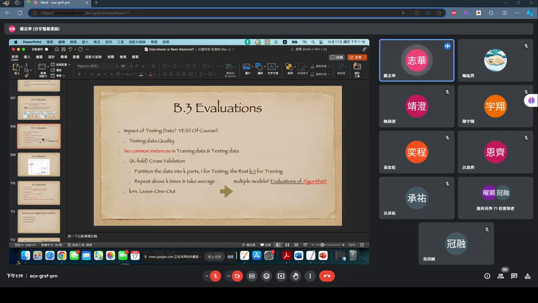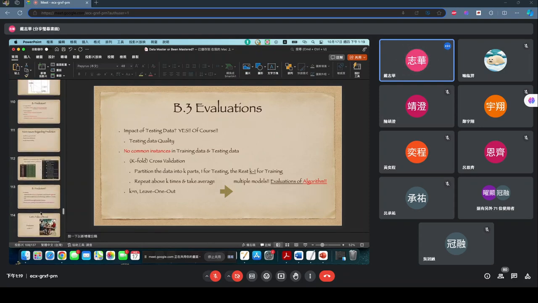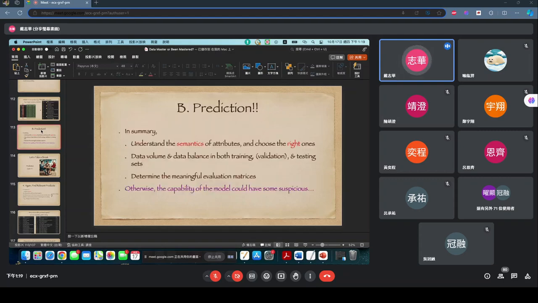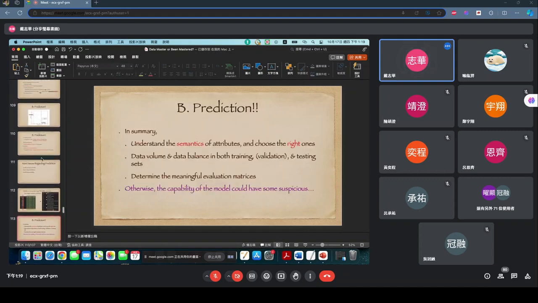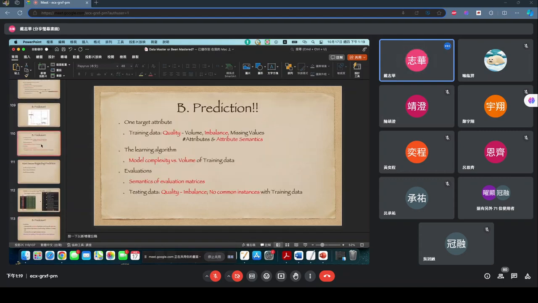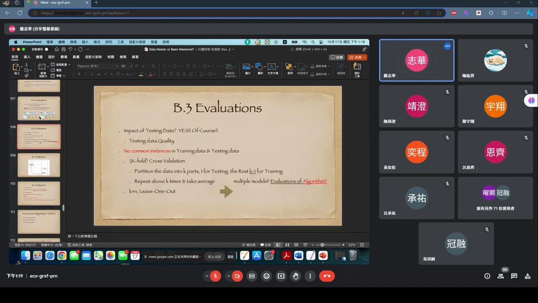So we should avoid evaluating a model using the training data set. We need to separate them. And this is a technique we call cross validation.